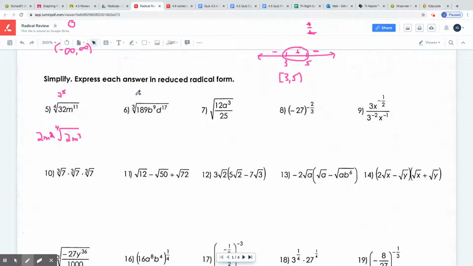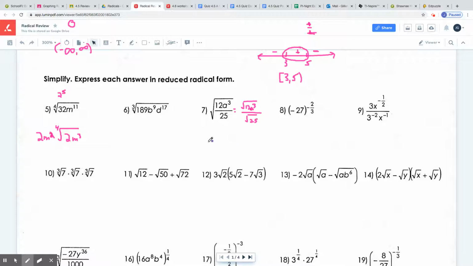All right, 189. Well, we don't have to do 189, that's an even. Odd, sorry. So I can rewrite this. Remember, this means the square root of 12a cubed over the square root of 25.